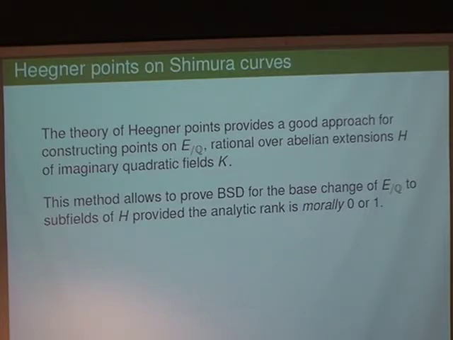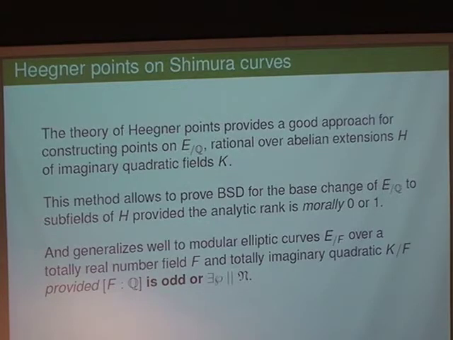We are completely at a loss when the order of vanishing is 2 or more, and we are also quite at a loss if K or H has nothing to do with an imaginary quadratic field. If I take K to be, for instance, a real quadratic field, none of this works, or any cubic field or whatever.